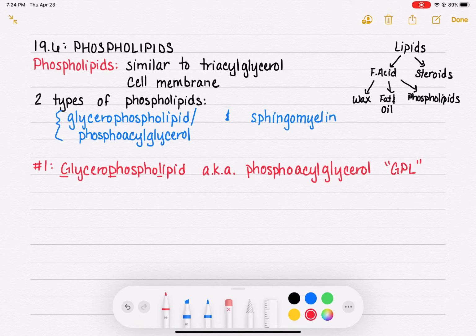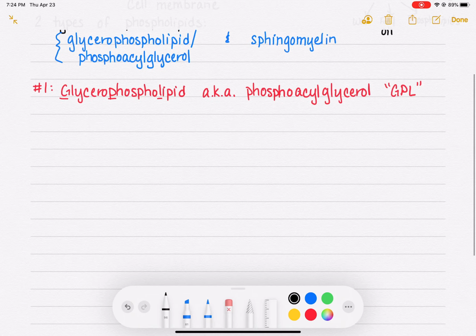So the general structure of a glycerophospholipid really closely resembles the structure of a triacylglycerol. It has the glycerol backbone. I want to move my drawing more over to the middle of the page.